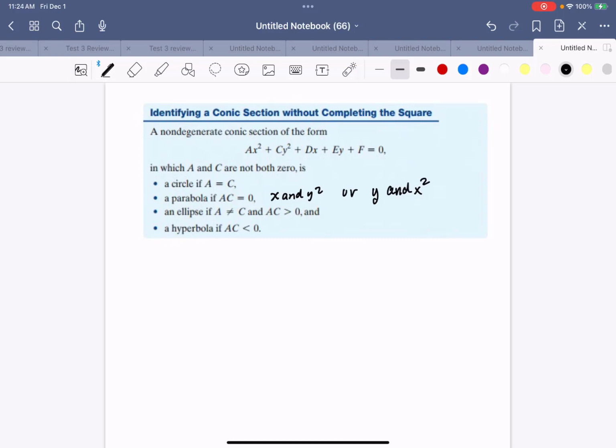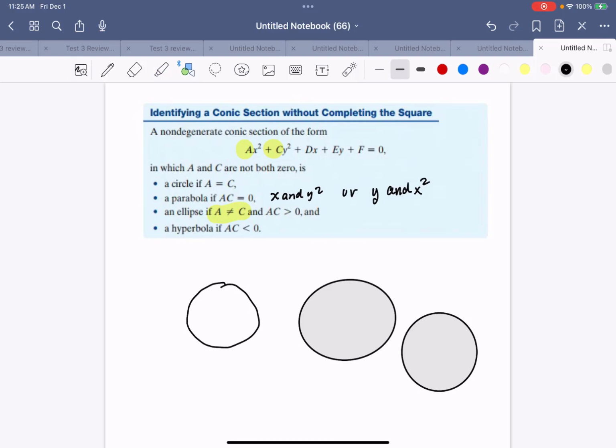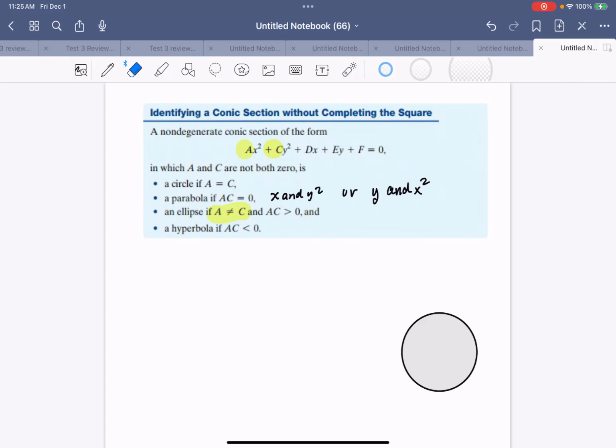Now, the ellipse is similar to the circle, except a and c are not equal. So instead of being a perfect circle, it's going to be an ellipse because those coefficients are different. That's why you get this elongated shape. And lastly, they say that you have a hyperbola if a times c is less than 0.